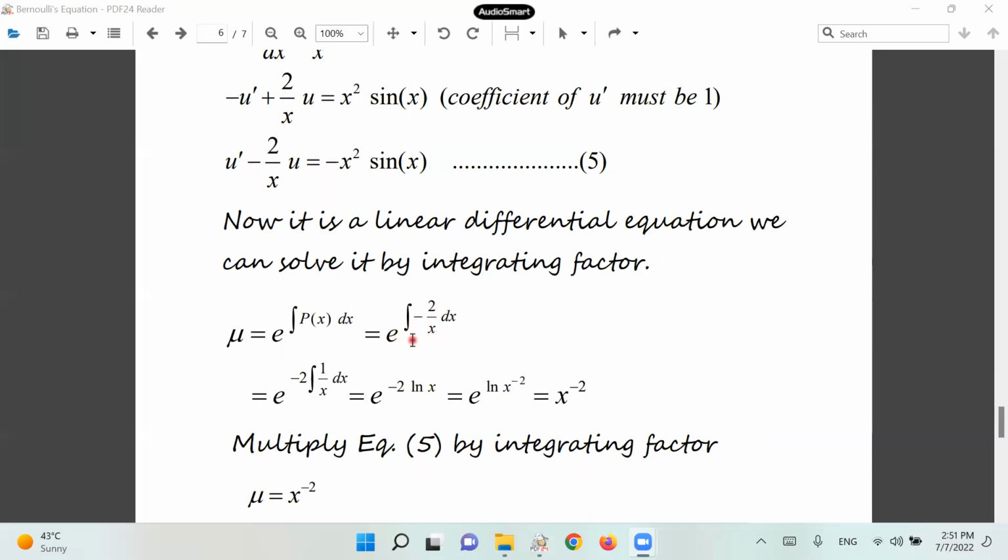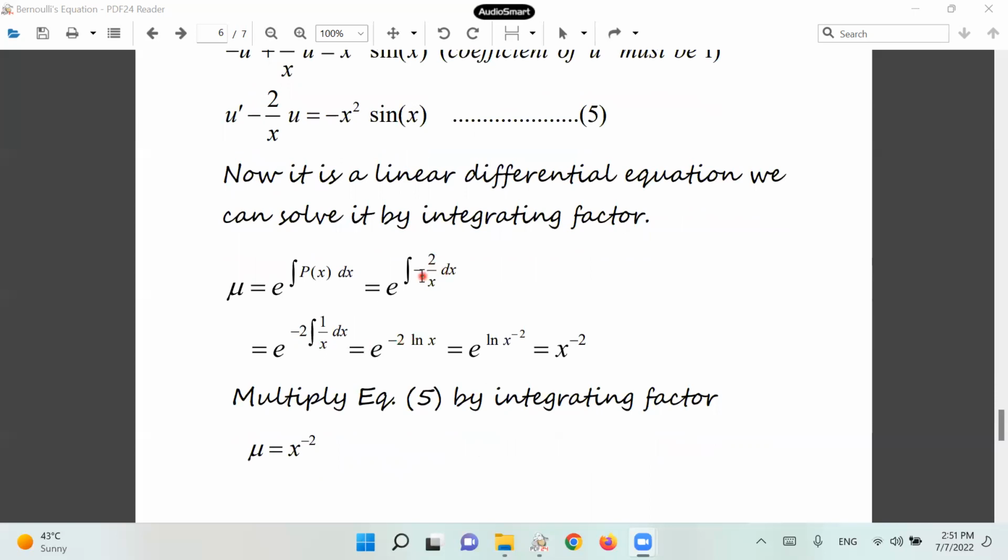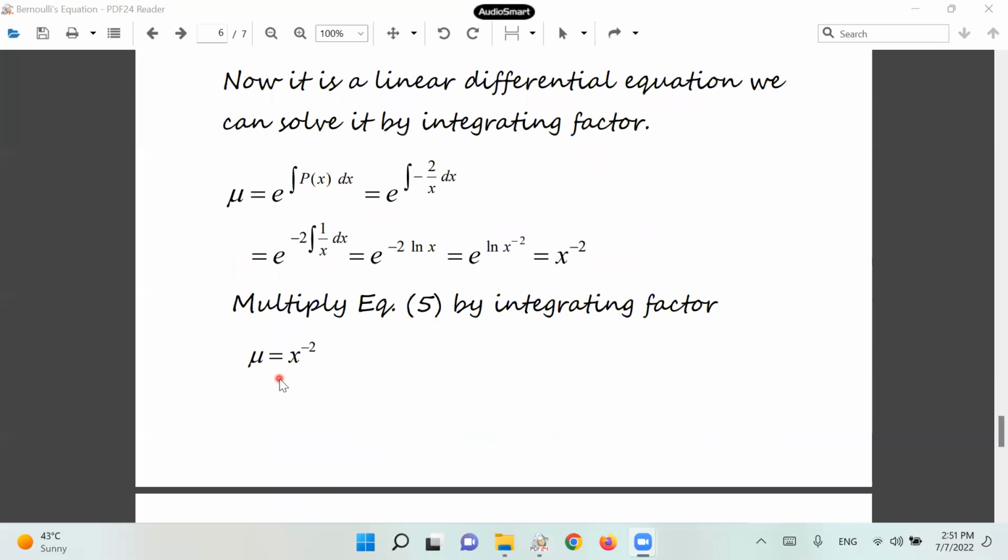Now take the integration, and we can take this minus 2 out, and the integration of 1 over x is ln of x. Using the property of ln, we can take this coefficient as a power. Then ln and e will be cancelled out, so we get x power minus 2. So the integrating factor mu is actually x power minus 2.